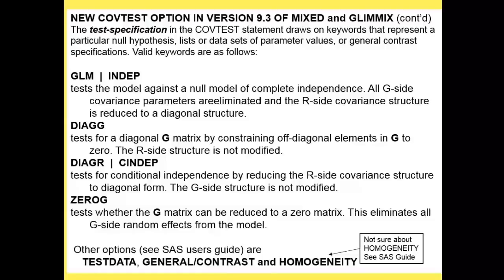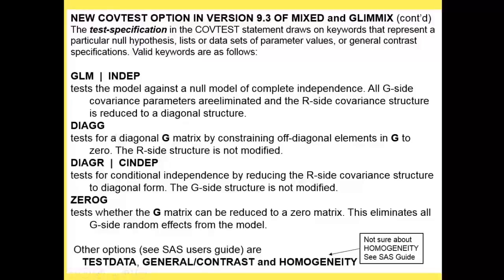So if you say COVTEST diag-G, you're making that assumption about the off-diagonal elements in the G matrix. If you say diag-R, you're making the same kind of statement about the off-diagonals, or the correlation coefficients, in the R matrix, although you're not necessarily fixing anything or saying anything about the G matrix. Similar for diag-G. If you test diag-G, you're keeping whatever R matrix you put in.